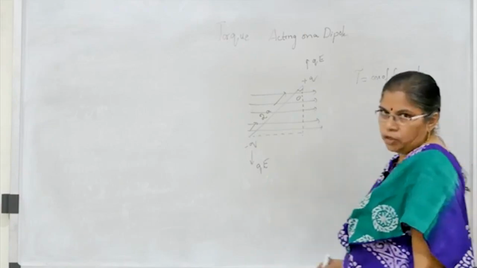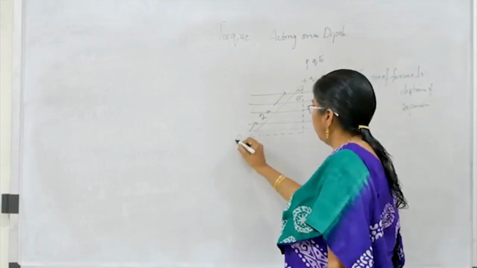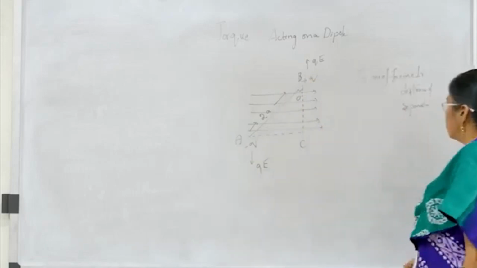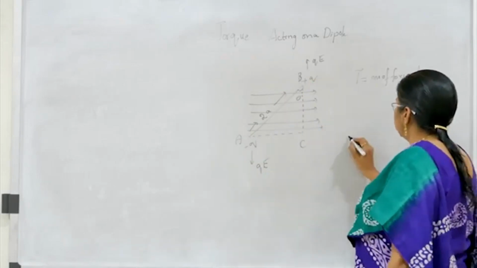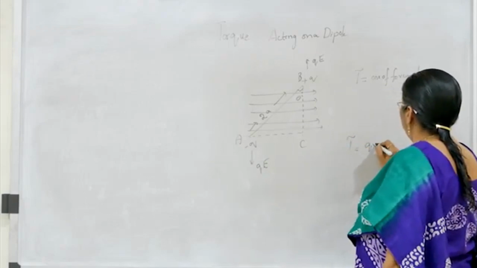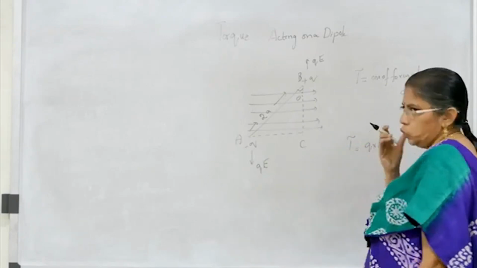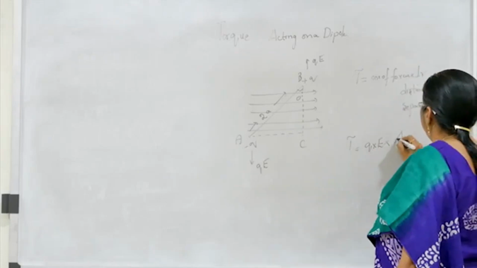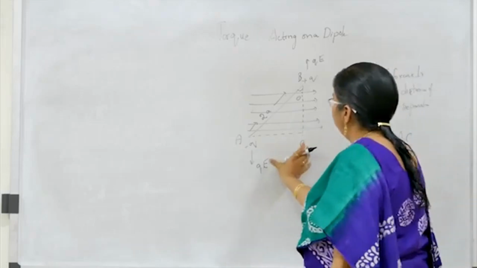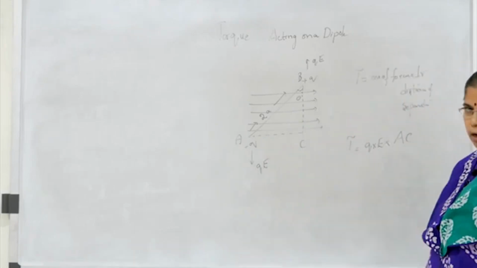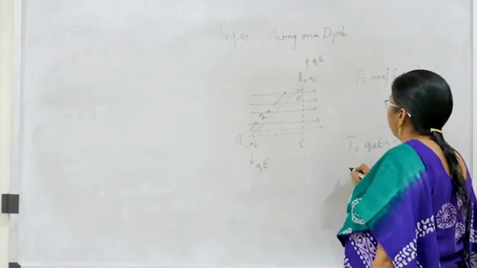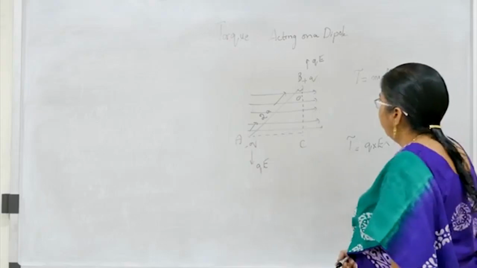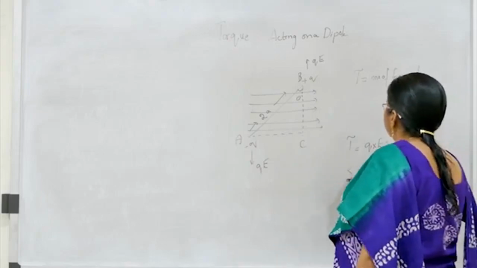I name this triangle A, B and C. One of the forces is q into E, into the perpendicular distance of separation, which is AC. Now how do I write AC? From the triangle ABC, I take sine theta.